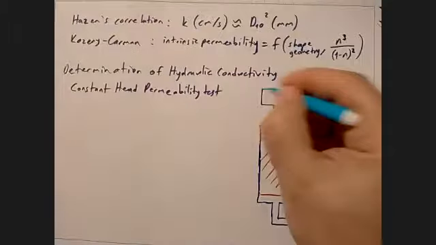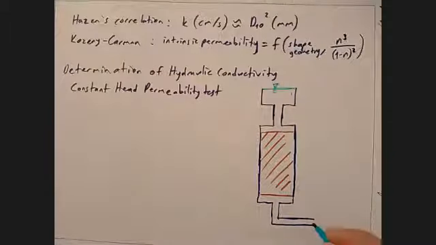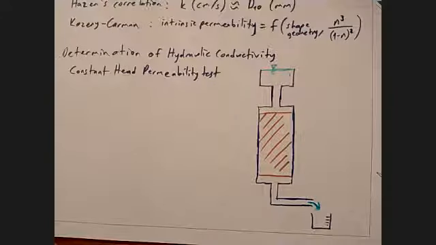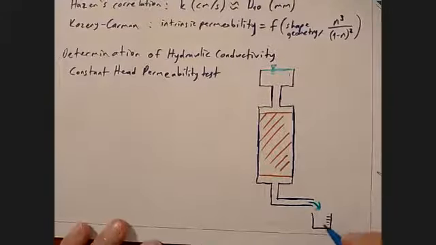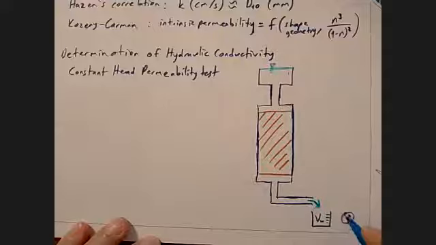And you have a constant head reservoir, and also another constant head which is just usually open to the atmosphere. It can also be another reservoir like this, but it makes things more difficult. So another constant head here where you are able to collect and measure volume of water over time.